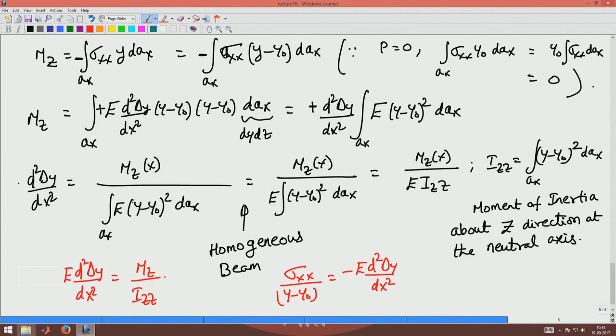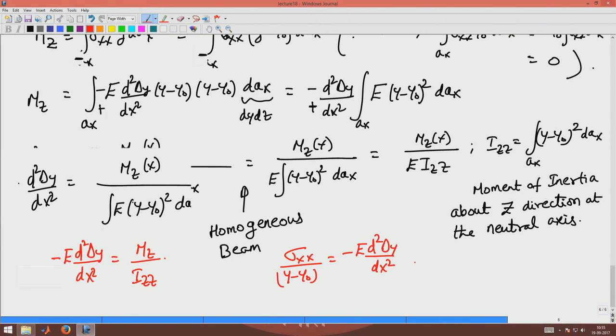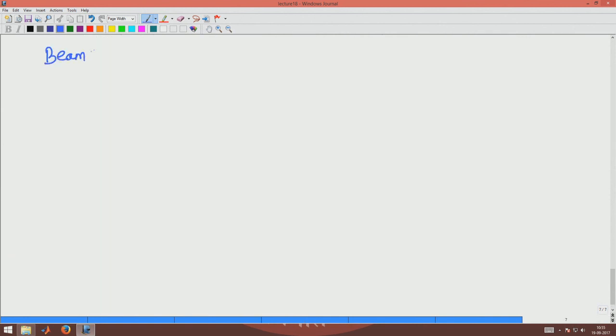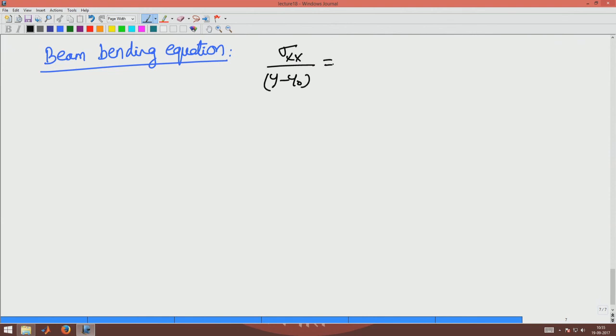So, combining these two equations, you get the beam bending equation, which is sigma xx by (y minus y naught) equal to Mz by Izz, equal to minus E times d square delta y by dx square.